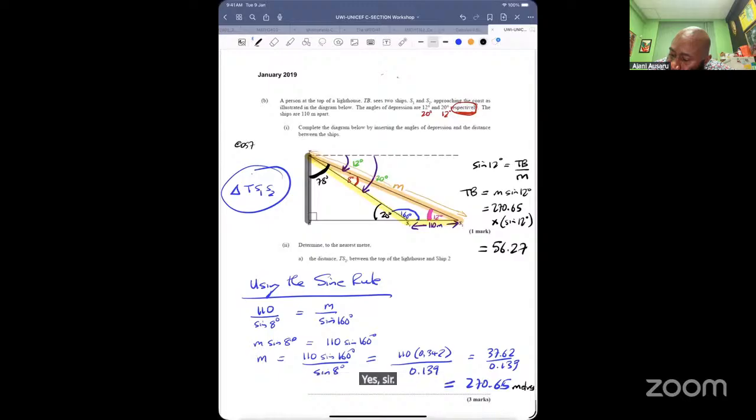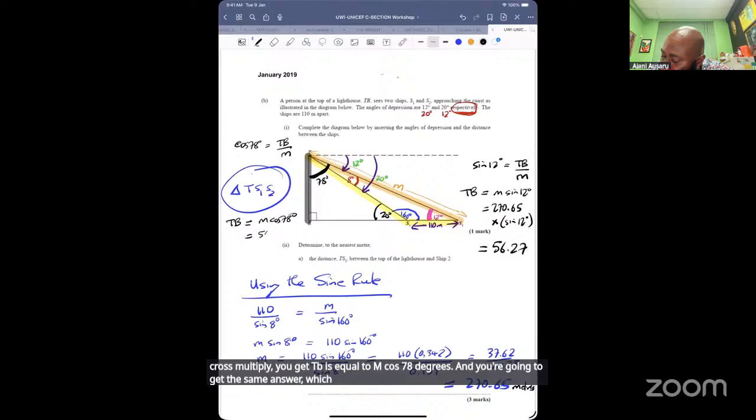Cos of 78 degrees is equal to adjacent, which is TB, over the hypotenuse, which is M. So, cross multiplying, TB is equal to M cos 78 degrees. And you're going to get the same answer, which is what? 56.27. You can check it out for yourself, guys.